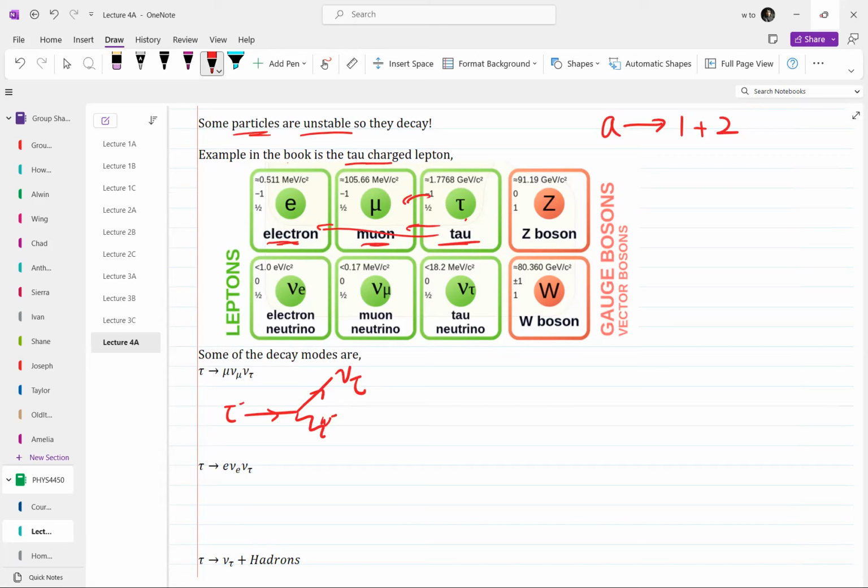And this W will decay into a muon and a muon neutrino, okay? And in this case, this is an antiparticle because it has to come into the vertex. So that's one way for the tau to decay.